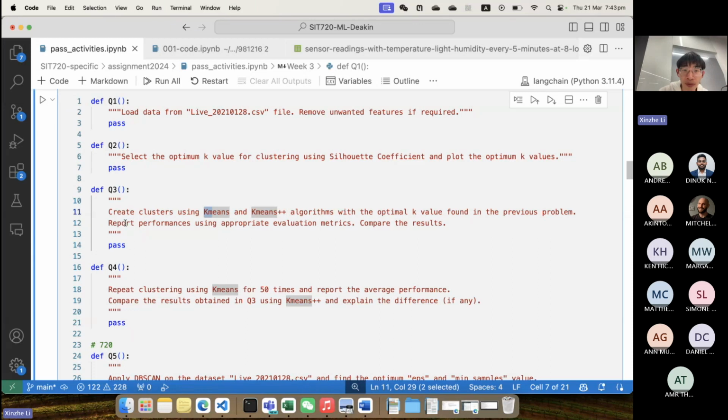Yep. And for this Q3, I think you have enough idea of what K-means and K-means++ are, but it still doesn't help you relate your explanation to the details of K-means. That's why I don't give you too much detail.